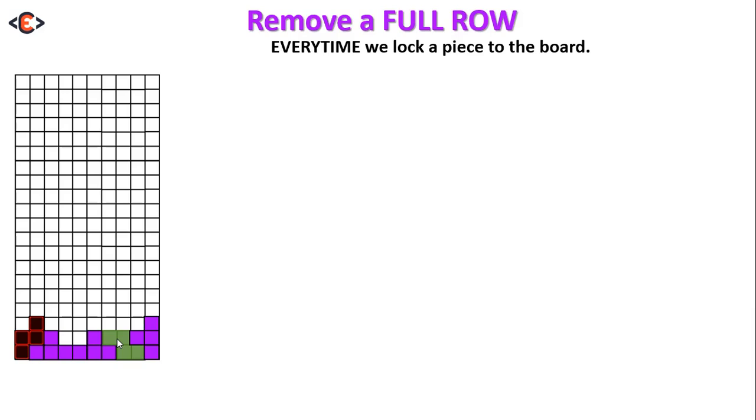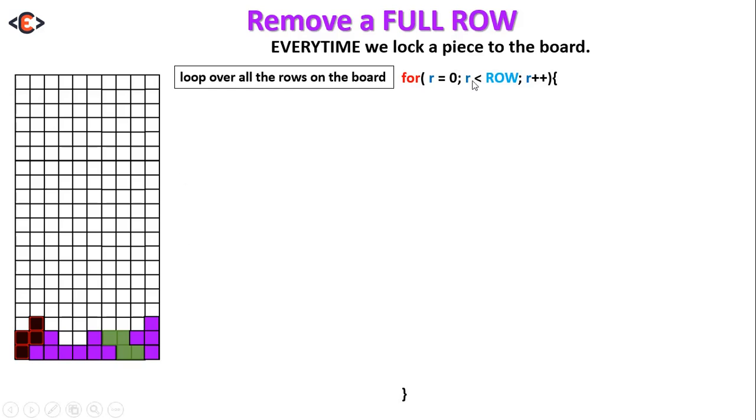Inside the lock function, we have to loop over all the rows on the board. Every time we lock the piece, we have to loop over all the rows on the board. It means we need to use a for loop. And here we set r less than the number of rows as a condition, which means we loop over the rows of the board, not the piece. And then we will declare isRowFull and set it to true.